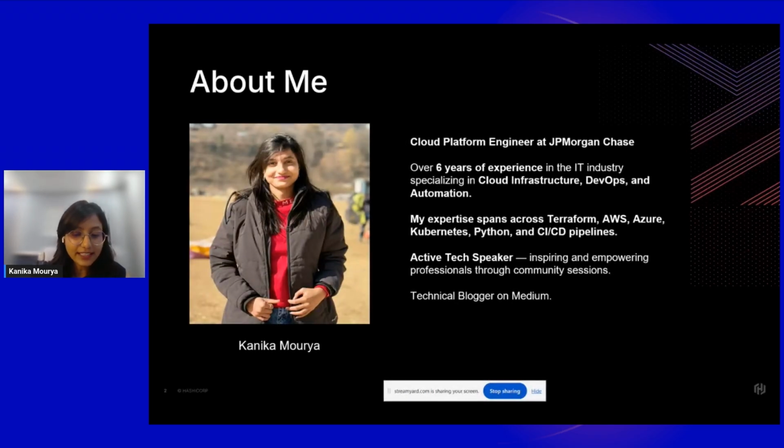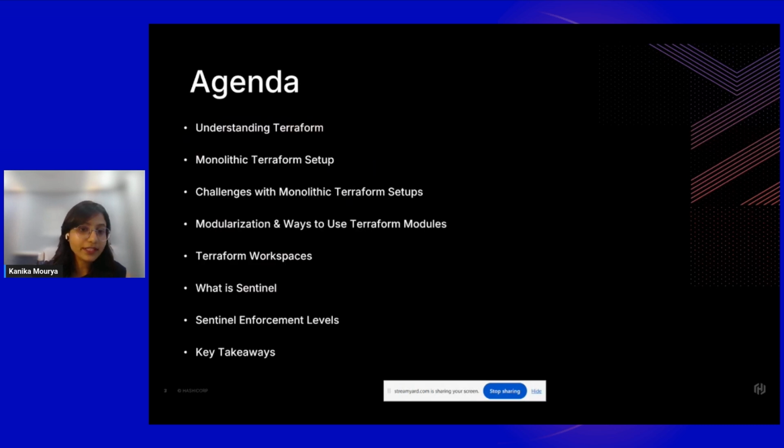So with that, let me walk you through what we'll be covering today. We'll start by understanding Terraform, then we'll move on to the monolithic Terraform setup, the way many teams start out, right? It worked initially, but as your infrastructure grows, it starts showing cracks, which led us to the challenges that come with the monolithic setup.